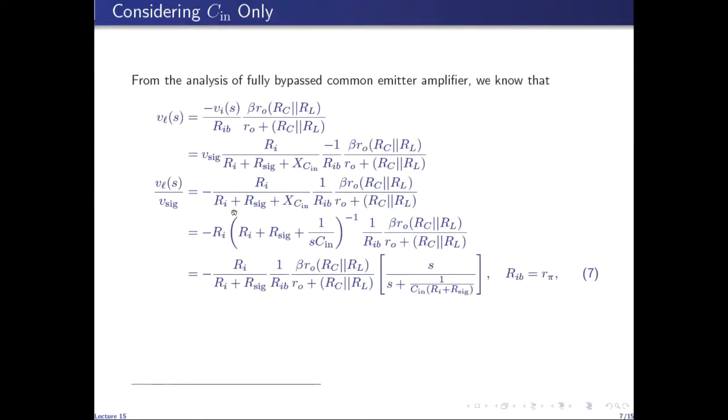So VL as a function of S divided by V sig is given by this expression, in which we can explicitly write the denominator as an inverse like this, where I replace XC in with 1 over S C in. Taking Ri plus R sig out common from this term into the denominator, and keeping the other terms as they are, we are left with 1 plus 1 over S times C in times Ri plus R sig.